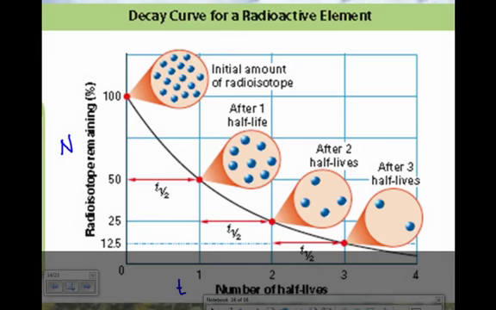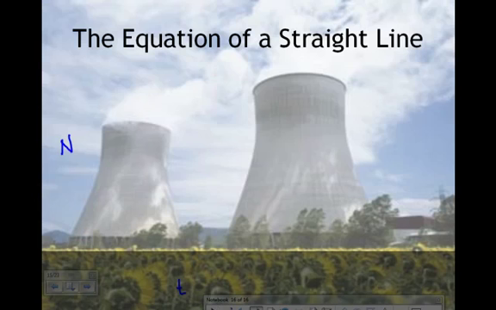Now we're going to do some algebra, because I know all you guys rock at math, and we're going to look at how to make the equation of a straight line. Here we are. So if we had a graph that looks like this, some amount of something over time.